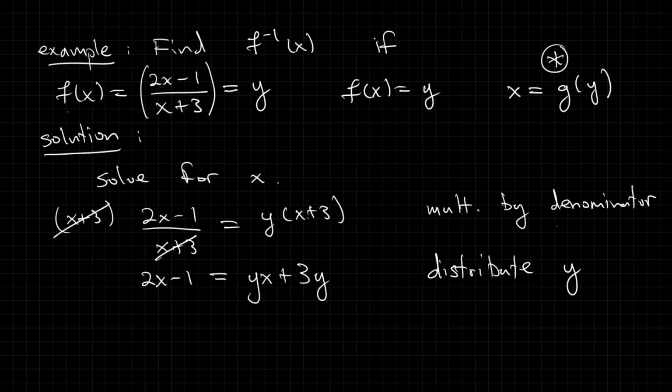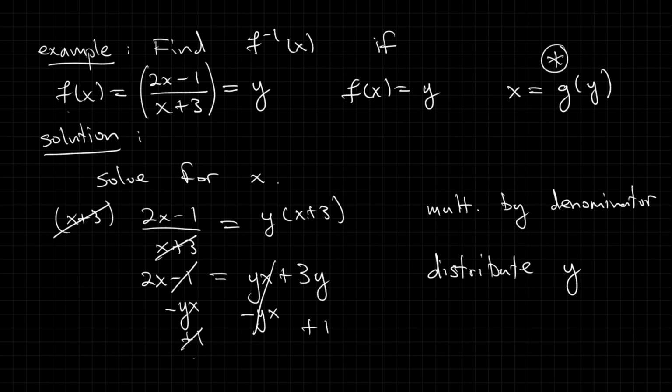It doesn't matter what side you move each to, as long as they're separated. So I'm going to subtract yx to remove this yx term from the right-hand side, and I'm going to add 1 to both sides to remove this term that doesn't have an x from the left-hand side.